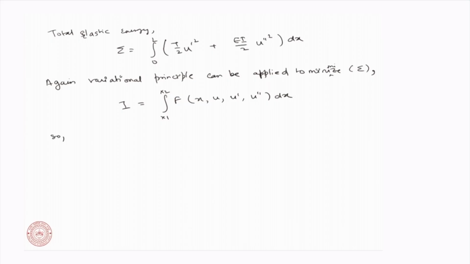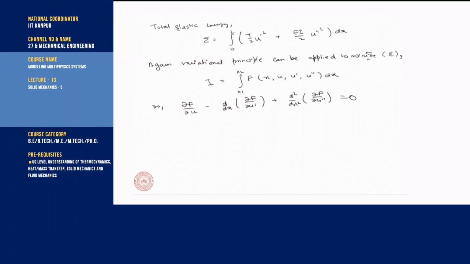So, the minimization, if you follow the same routine as last time, is del f by del u minus d by dx of del f by del u prime plus d square by dx square of del f by del u double prime equals 0. Okay.